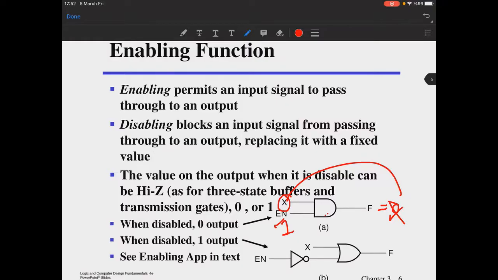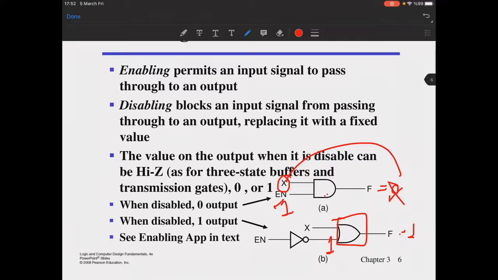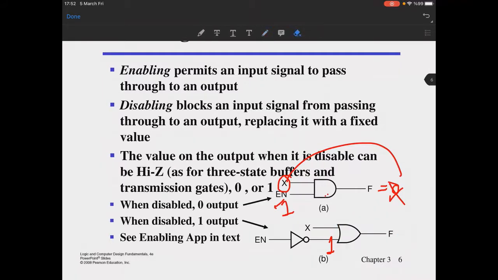If you want to implement this with an OR gate, for example, how can you disable this? You can just send here 1 signal, right? So it means that the output, no matter what, will be 1 in the lower example here in B with the OR gate. So you provide here again a signal, means this is disabled and the output will be fixed.